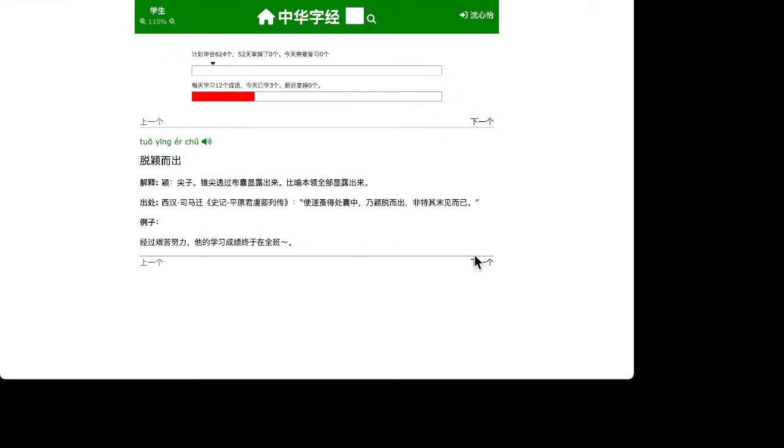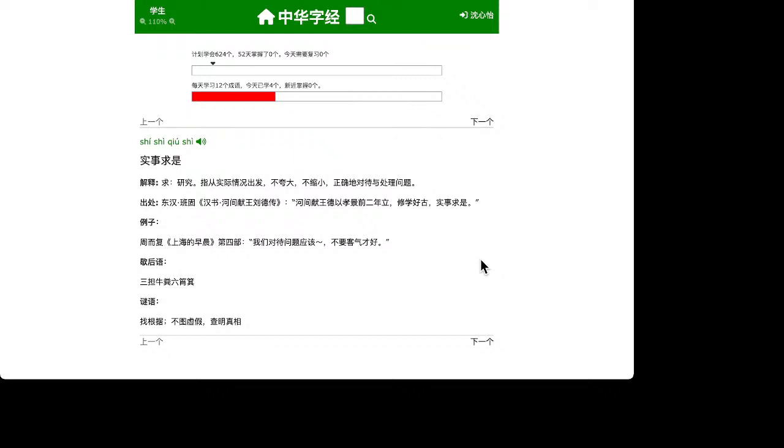脱颖而出. 颖 is a pointy thing? Kind of revealed. 脱颖而出. 经过他的学习成绩终于在全班脱颖而出. Okay, so this is like when you break through the mundane and become outstanding, something like that. 实事求是, 实事求是 means the true nature of a thing.